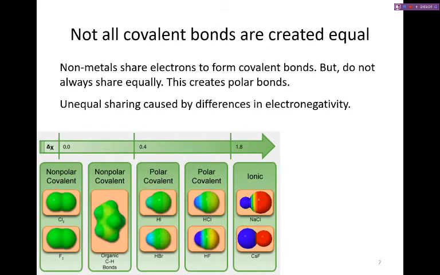This image depicts the spectrum of types of polar or nonpolar bonds that we get within our molecules. And we can see that it ranges from nonpolar covalent to polar covalent to ionic.